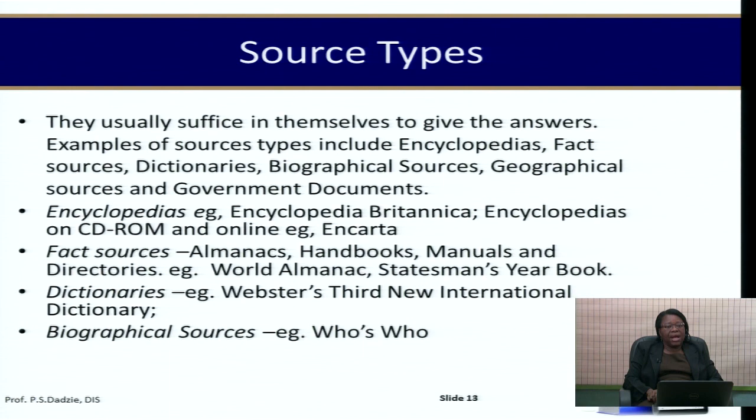So these are fact sources. The third type, of course, I've mentioned: dictionaries. So I've given you an example of a dictionary. The fourth type of source type we call biographical sources. I believe you know biographies describe the importance of famous people.